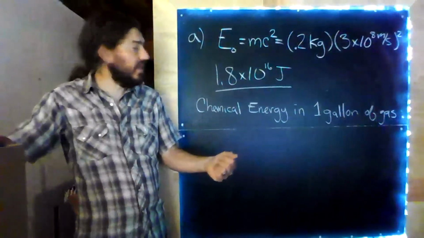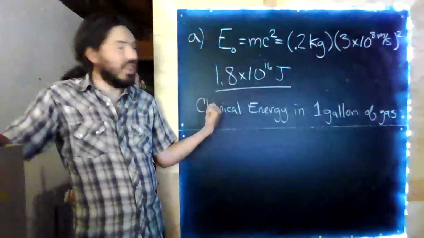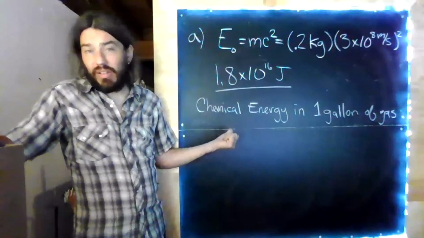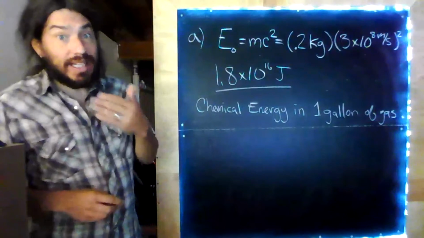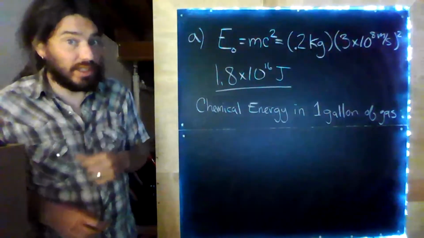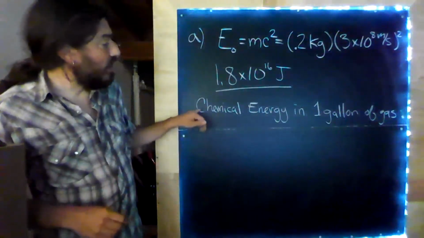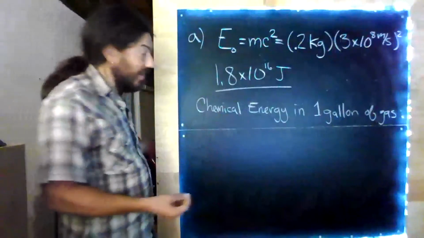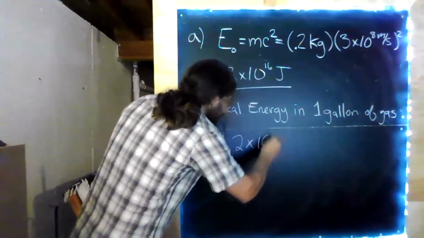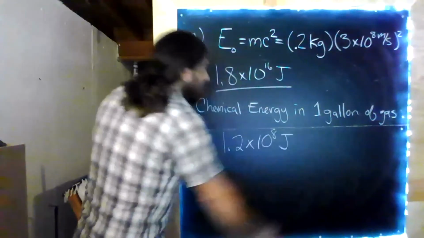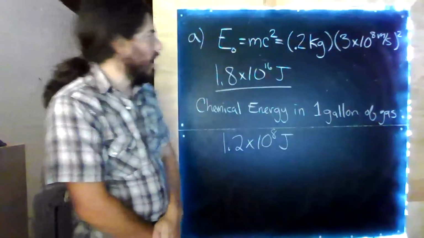To put that in perspective, consider the chemical energy stored in 1 gallon of gas. Of course, when we drive our car down the road, we're burning fuel for the chemical energy that's stored in it. So the chemical energy in 1 gallon of gas is something like 1.2 times 10 to the 8 joules.